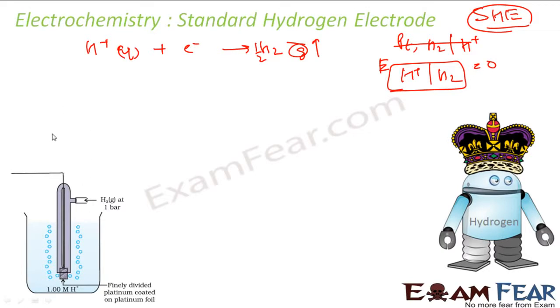So in this case, this hydrogen electrode or standard hydrogen electrode, it will consist of a platinum electrode. This is a platinum electrode here, and this is coated with platinum black, right? Platinum black. And this electrode is dipped in an acidic solution. This is acidic solution.